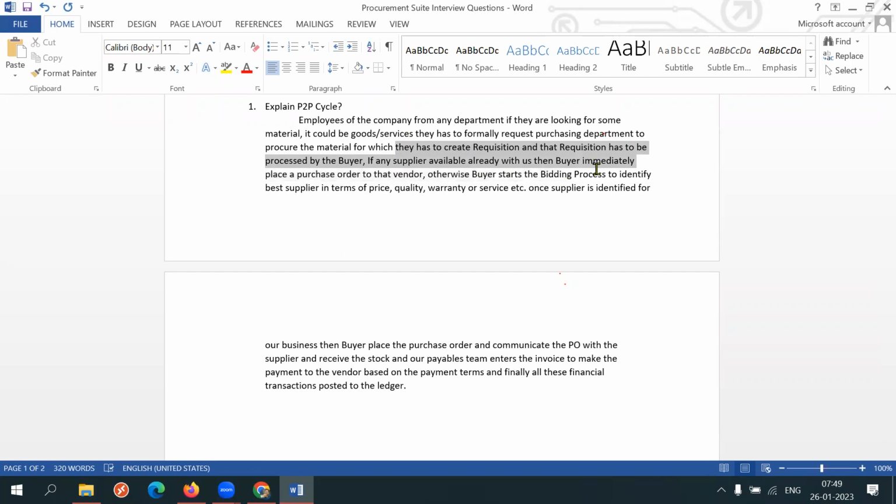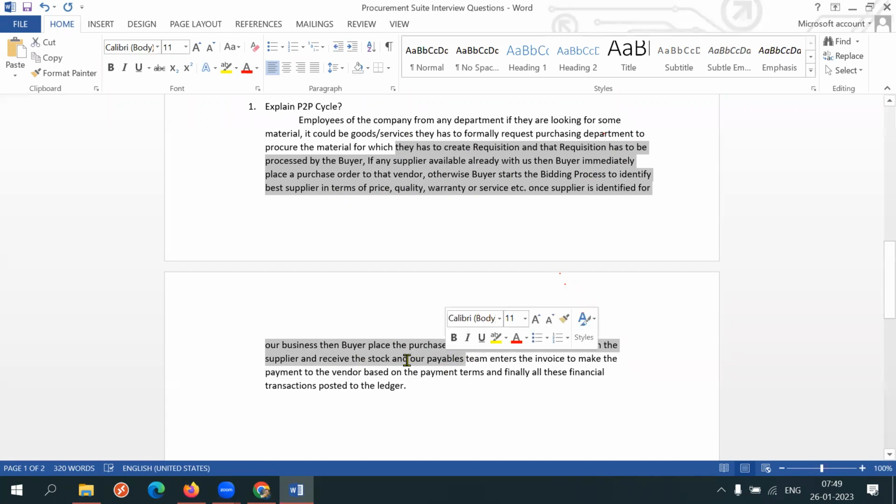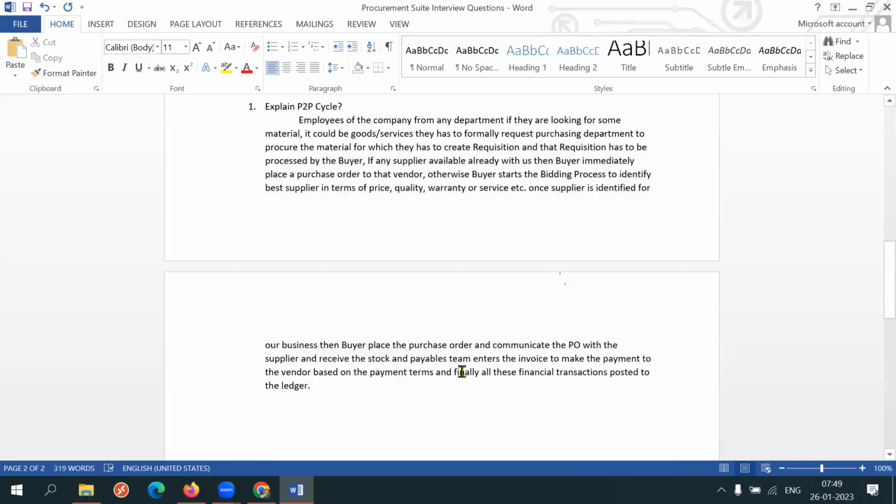Otherwise, the buyer starts the bidding process to identify the best supplier in terms of price, quality, warranty, service, etc. Once the supplier is identified for our business, then the buyer places a purchase order and communicates the PO with the supplier and receives the stock, and the payables team enters the invoice to make the payment to the vendor based on the payment terms agreed.